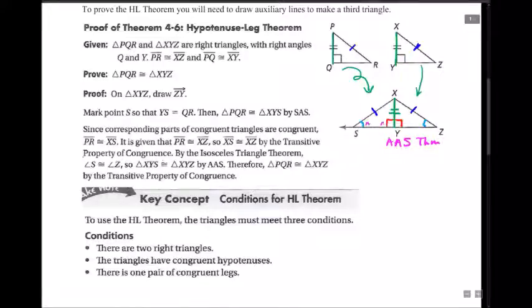Angle, angle, side. Which makes our triangles congruent. So we used the given congruent hypotenuses and the given congruent leg, and the fact that these are isosceles triangles means that we can mark another angle congruent. Again, another very simple theorem.